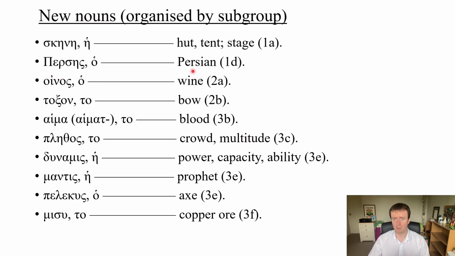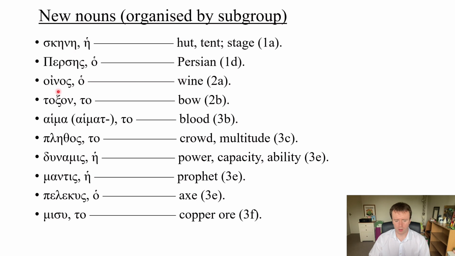Here, in particular, it's the name of a person of a certain ethnicity. And on top of that, the Pers part is the same as in the word Persian. We've got P-E-R-S at the start of Persian, and it's where we get the word Persian from. So, if we recognise that it's a proper name and that it looks a lot like the word Persian, we should be able to remember that it means Persian.